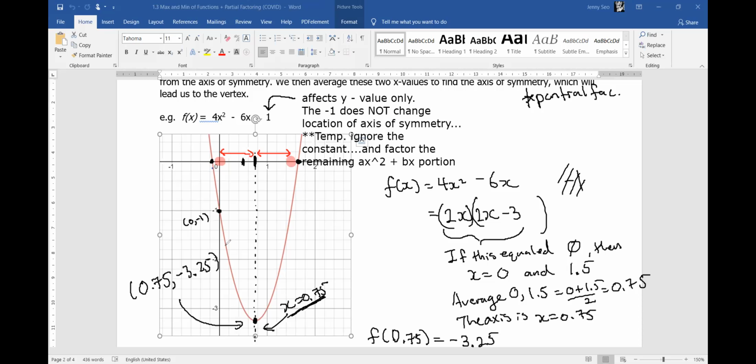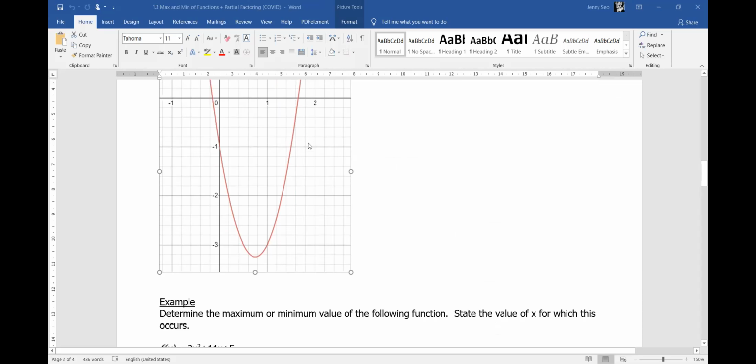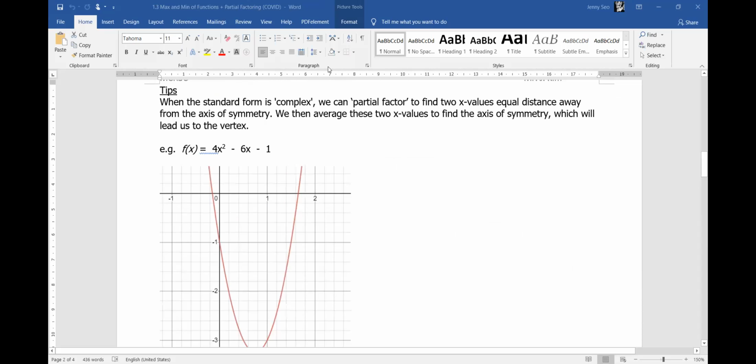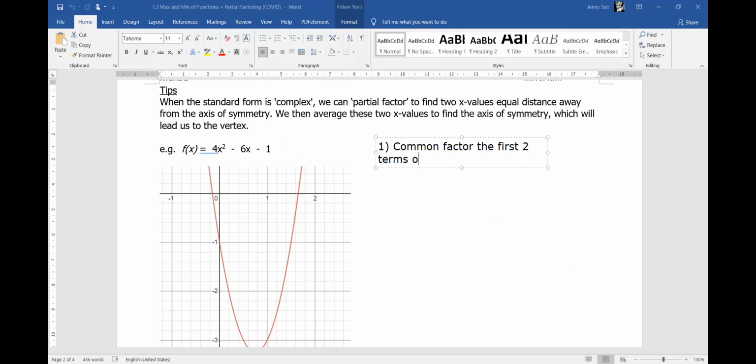Let me write a little thing on the side. Some of you might be copying. The fully filled in copy will be available online in just a second. Or actually, it's already online. I'll write it here, okay? Step 1. Common factor the first two terms only. Ignore the constant. That's the first step for partial factoring. Step 2.